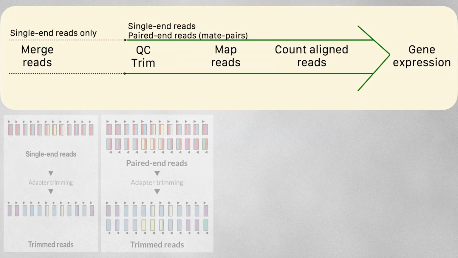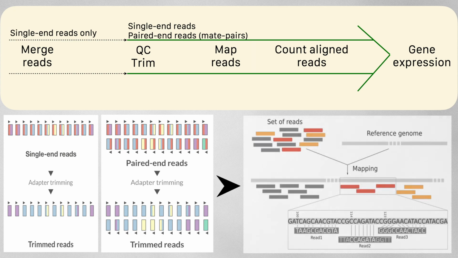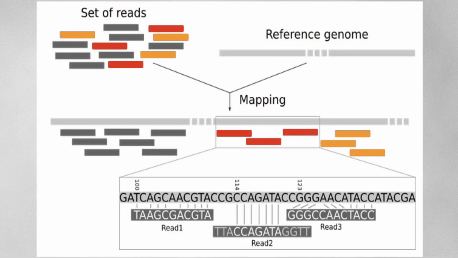Once we have processed our reads, we are now ready to do the mapping of these reads to the corresponding reference genome. Now, do remember that mapping to the genome requires that the genome be as close as possible to the species that you are working on.